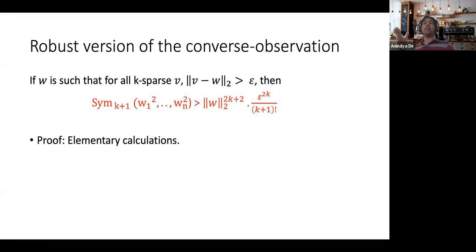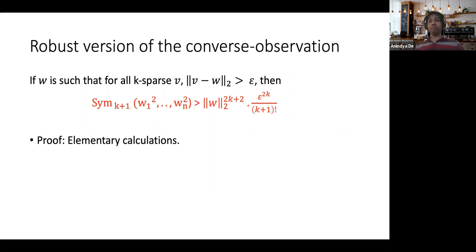So it's not just that when w is k-sparse the k plus 1th symmetric polynomial is 0 and vice versa, but rather when w is epsilon far from every k-sparse vector, the k plus 1th symmetric polynomial must be at least something which is independent of n and depends just on the 2-norm of w and the error parameter.